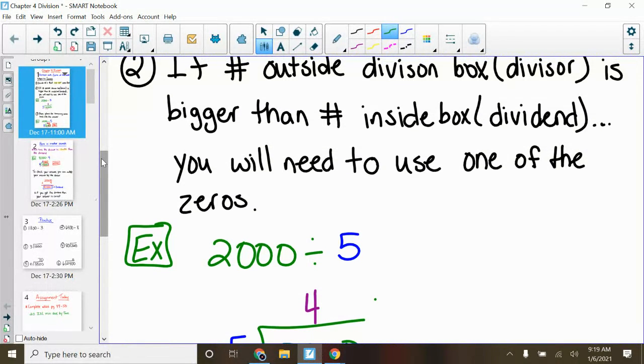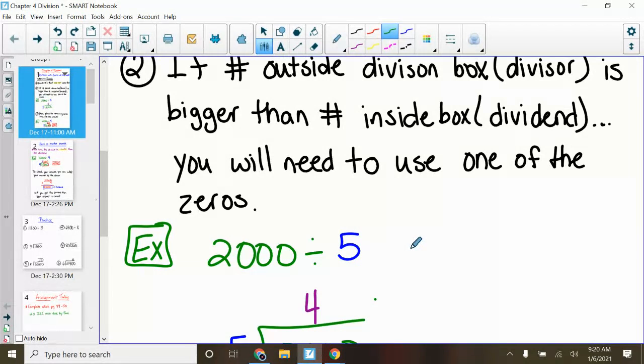Okay, so let's write this example down. Let's write 2,000 divided by 5. Now, notice I chose to write it in sentence form, and I always do this because this is how the book does it. Obviously, when it's written like this, that is not how you personally are going to solve this problem.